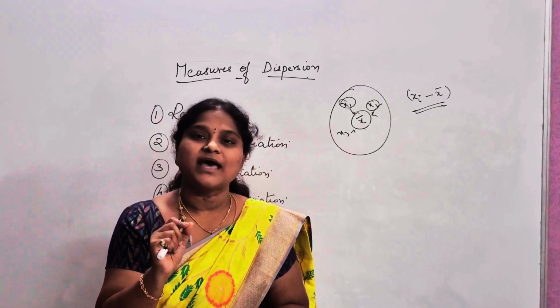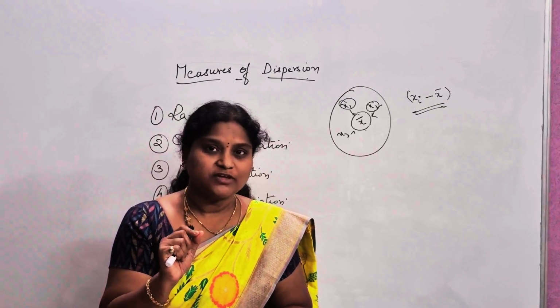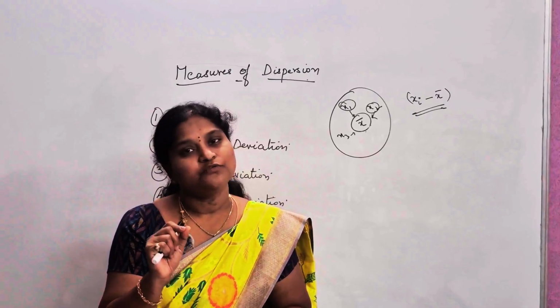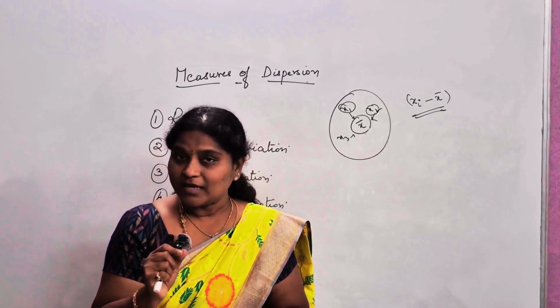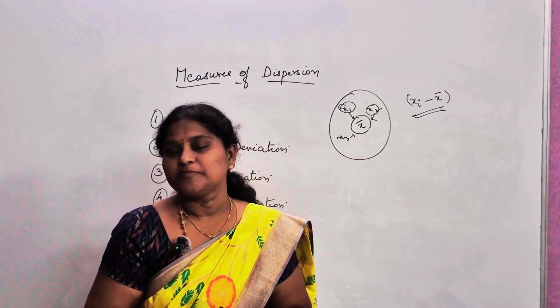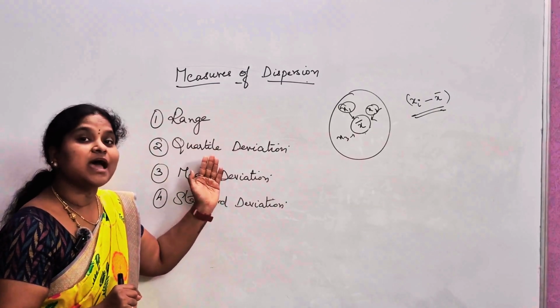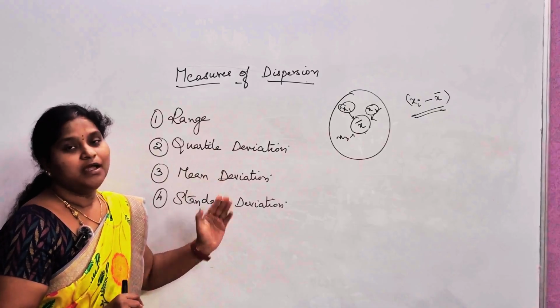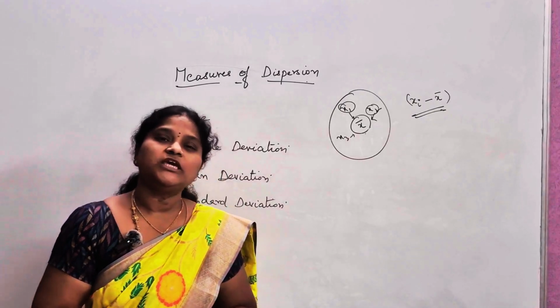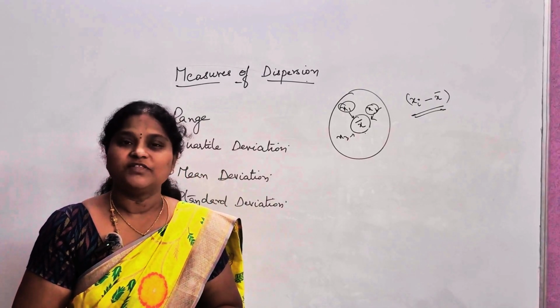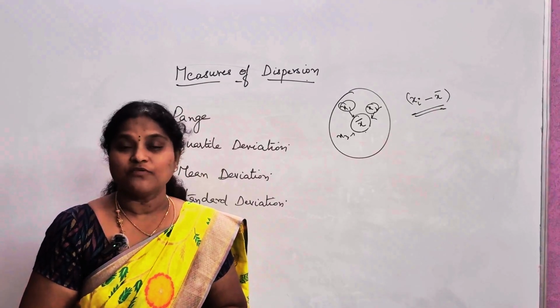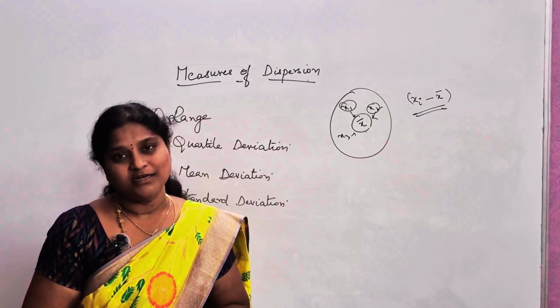They give you the exact value of the difference between the values and the difference of each value from the mean. Whereas there are relative measures of dispersion as well, where we find the coefficient of each of these absolute measures. Now, let us delve deep into each of these measures of dispersion with the help of some examples in case of individual, discrete and continuous series.